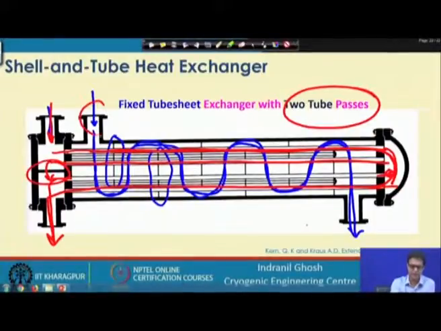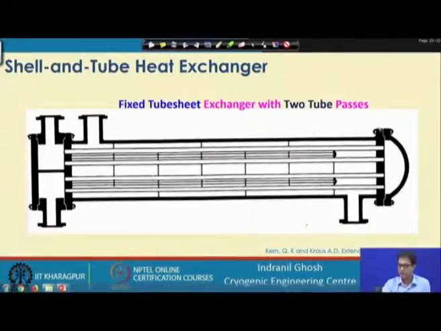So, this is a single shell, 2 tube pass heat exchanger, and another specialty of this particular type of exchanger is this tube sheet. This tube sheet is drilled with holes to fit in all the tubes, and finally they are welded at those corners.